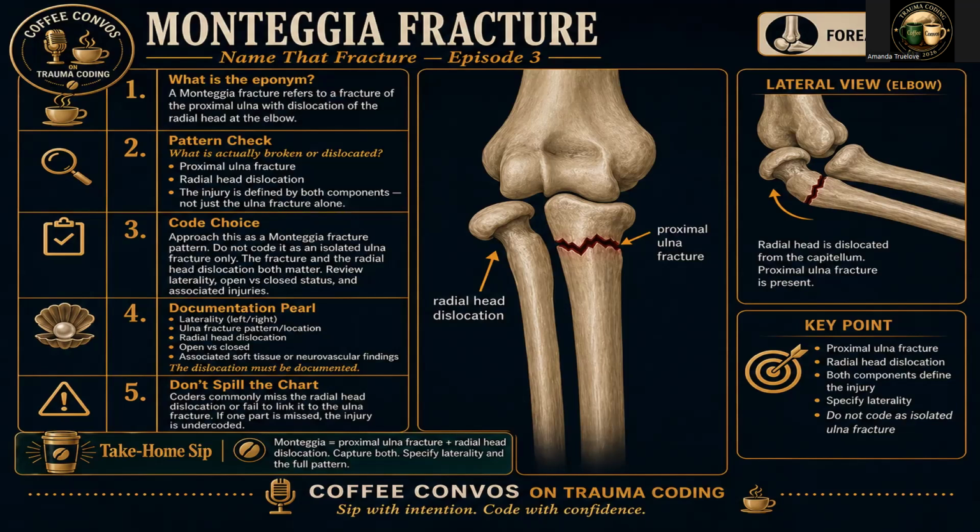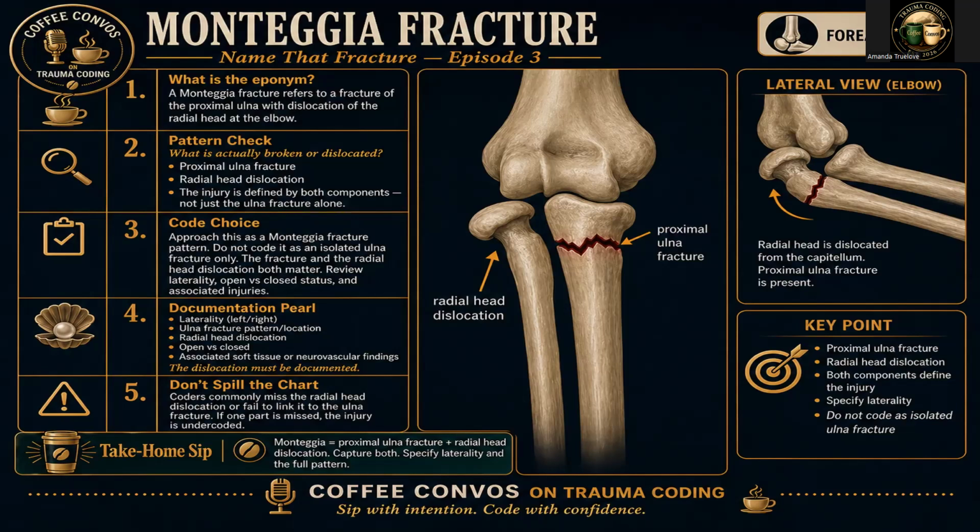So where do coders commonly miss or make mistakes when coding this? The common miss is exactly what this episode is warning against: capturing only the ulna fracture and missing that radial head dislocation.